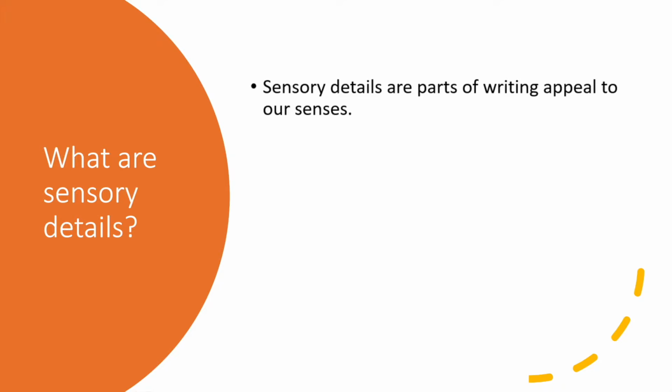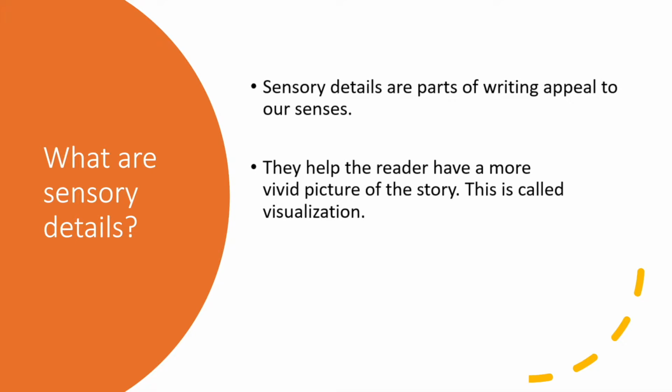We even want our senses to go, ooh, right? Our senses are interested because of what's on the page. They help the reader have a more vivid picture of the story. Vivid means clear, and this is called visualization. We will be talking about visualization in a future lesson.